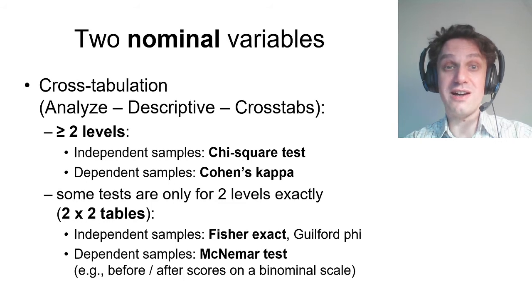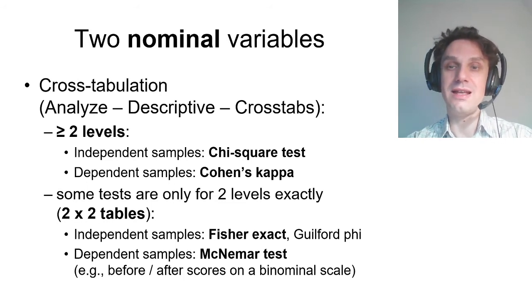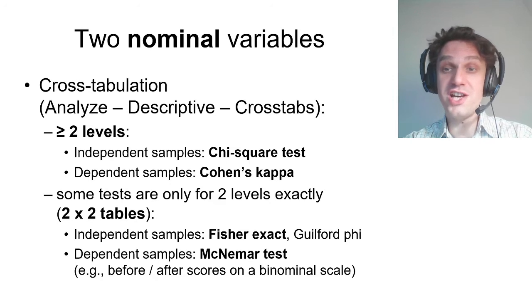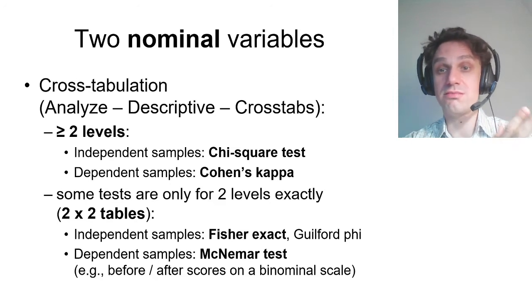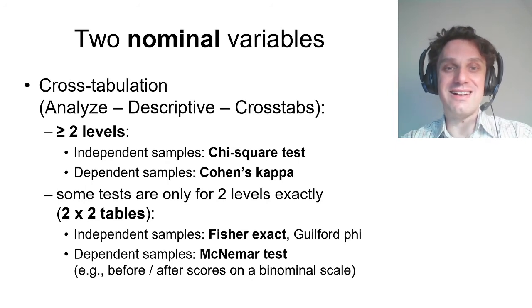And here we have different situations. If you have two nominal variables, for example, gender and favorite color, then what you apply are statistics for cross tables, and you use an approach which is called cross tabulation.